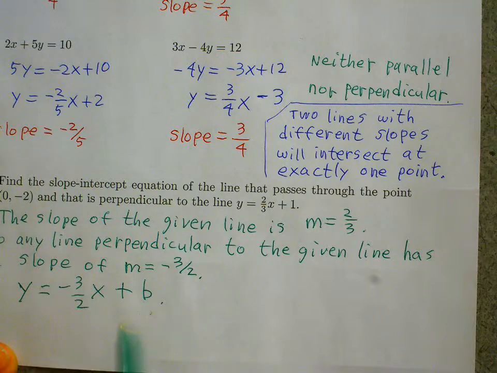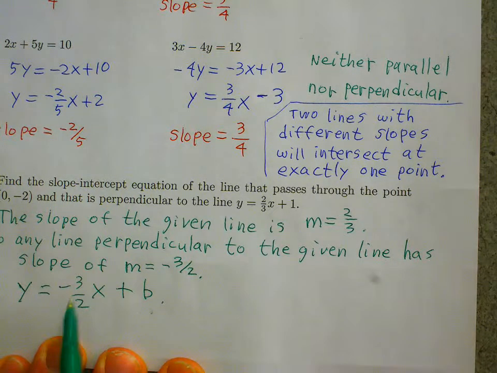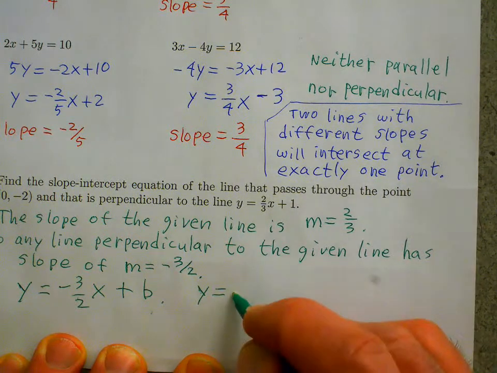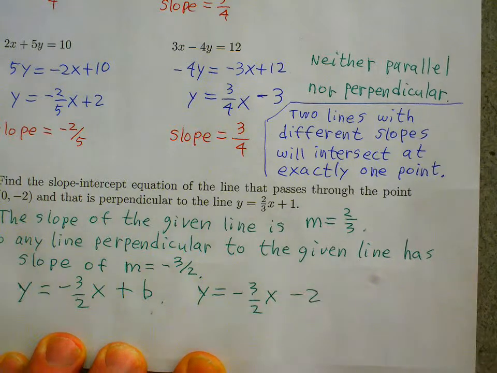You see that? So all we have to do is replace b with -2, because 0, -2 is the y-intercept of this line. So y equals -3/2 x minus 2, since this line passes through the point 0, -2.